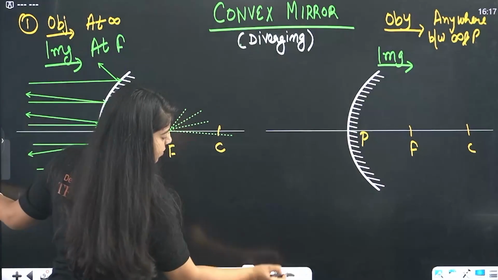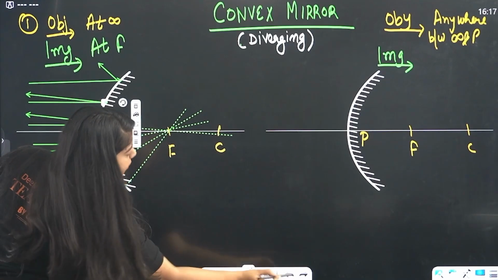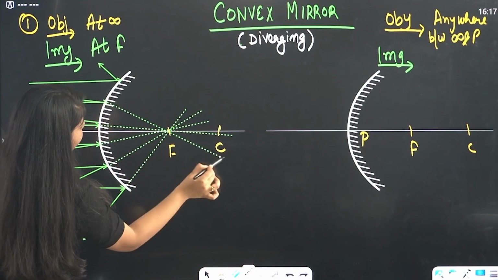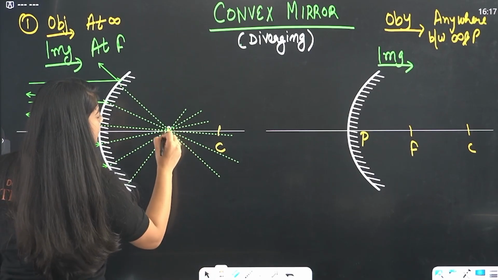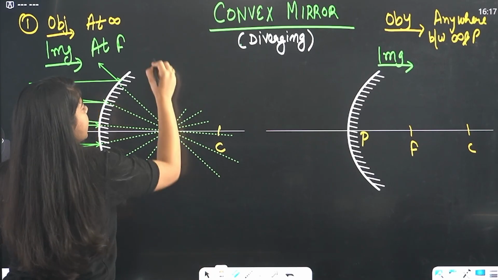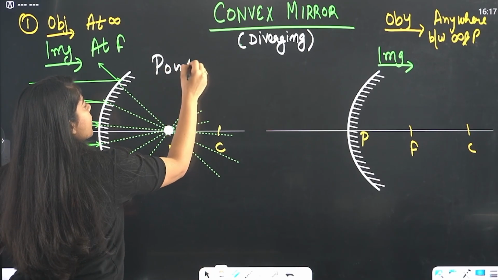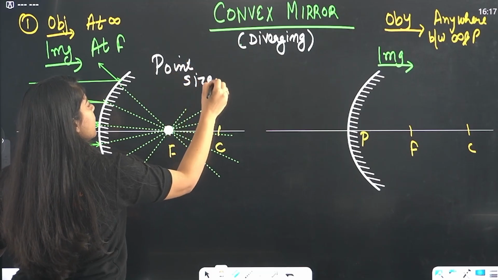These rays will pass from the focus, and my image will be again at focus, again it will be point sized. Done.